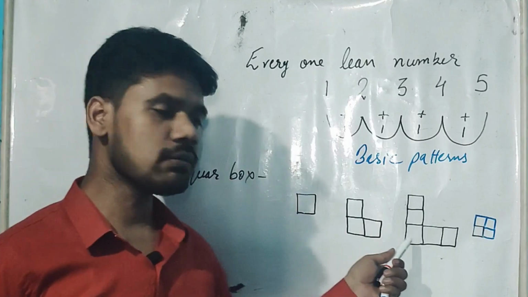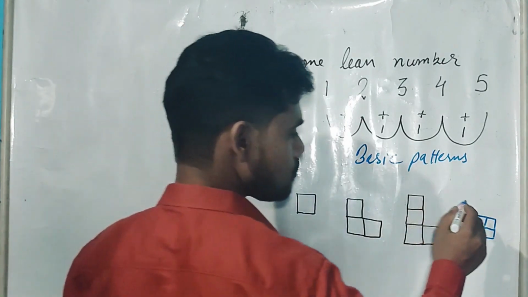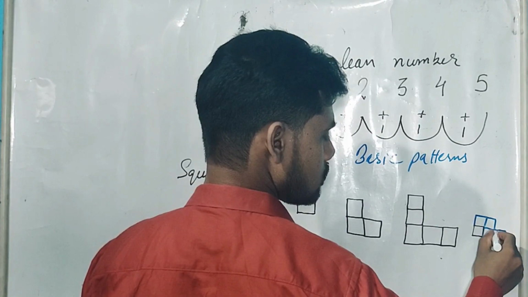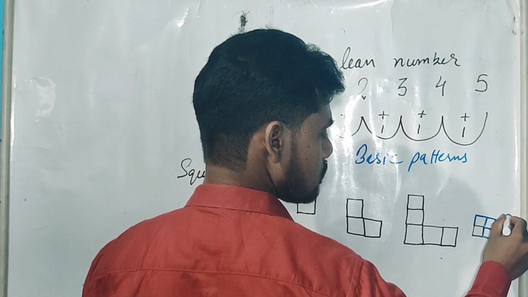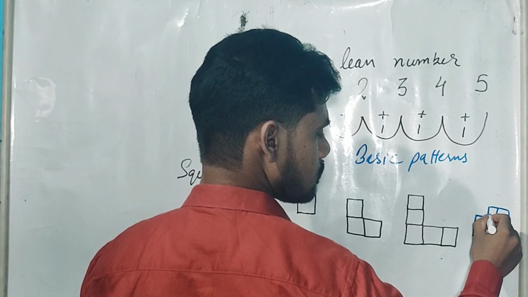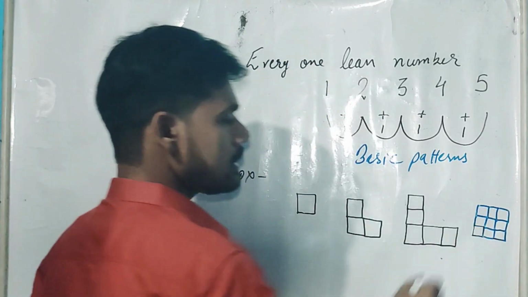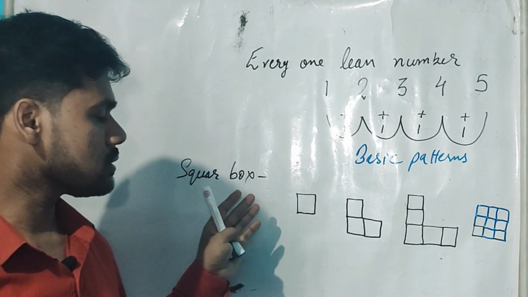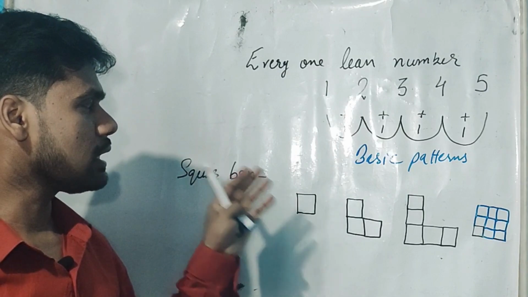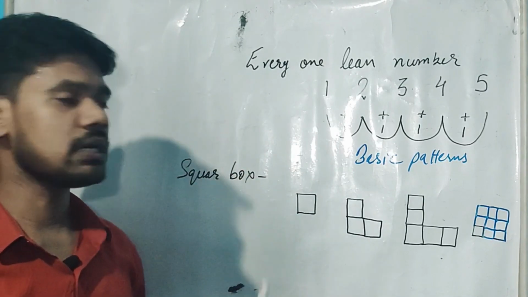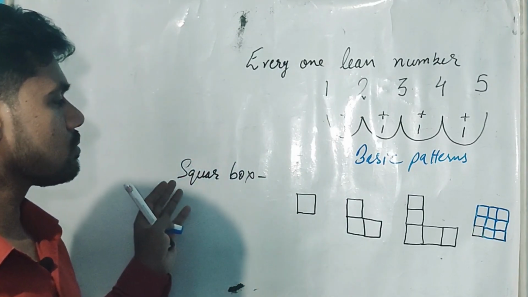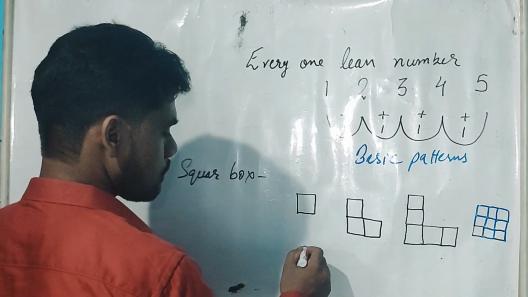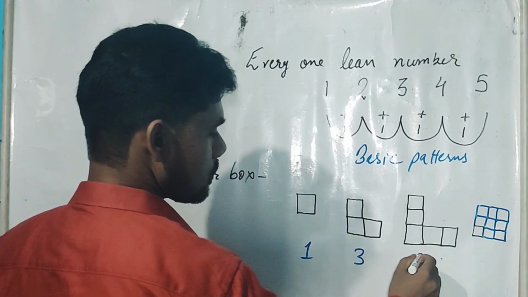Again, then the third one, put it here. Again it becomes a square. So this is the way we make different patterns by visualization and by diagrams. It is easy to understand how they make the patterns: 1, 3, 5.